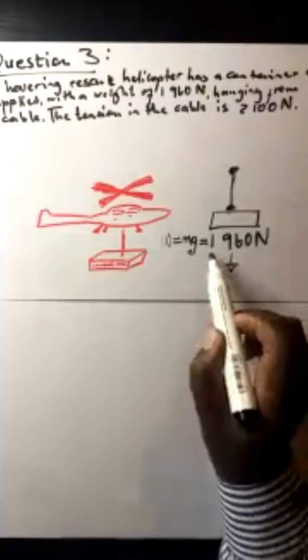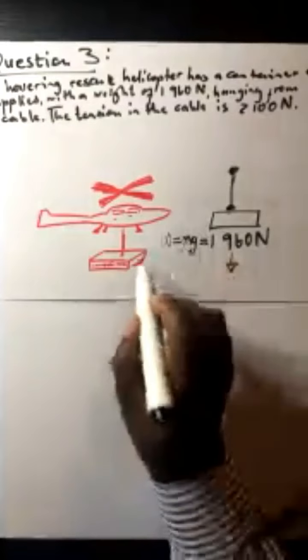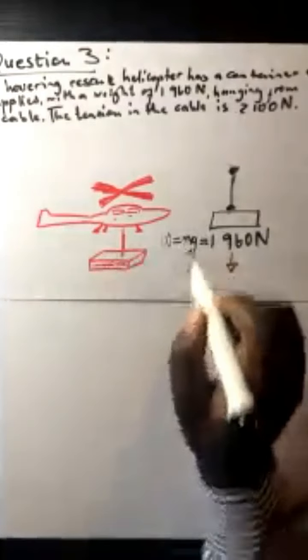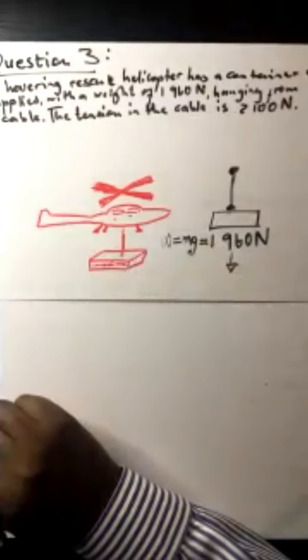So that amount of weight is a result of the mass of that container with supplies, and again a result of gravitational acceleration.